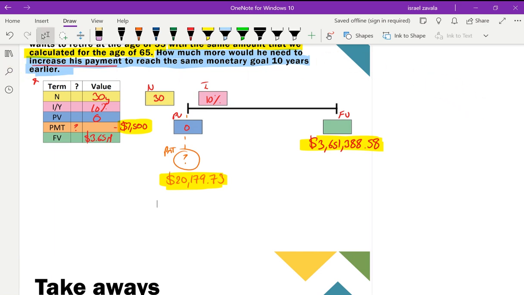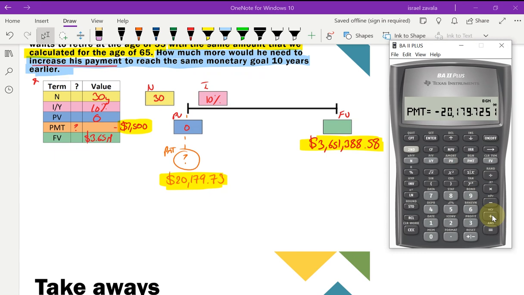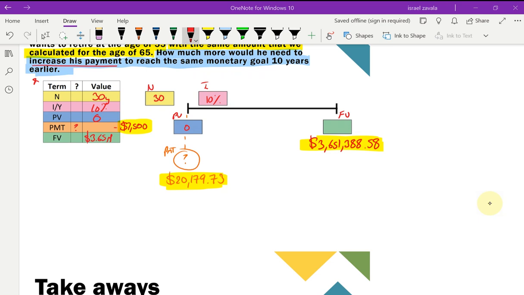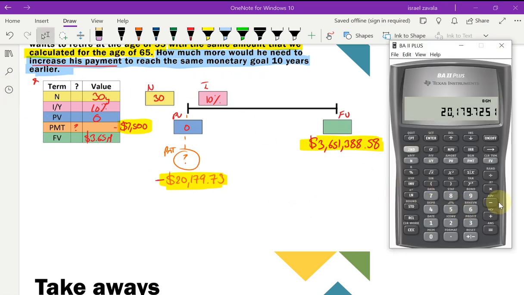So we would need to increase our payment. This number is actually a negative from the calculator, and I want to keep that straight. I could leave it as a negative and subtract... no, I need to add it. This is where it gets a little tricky. It's fine, because I just want to know how much we need to increase.